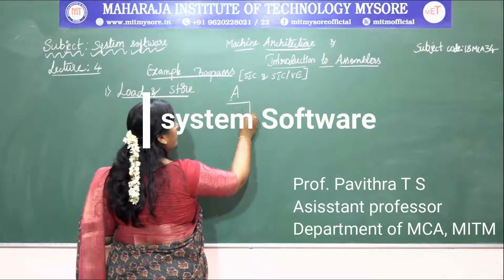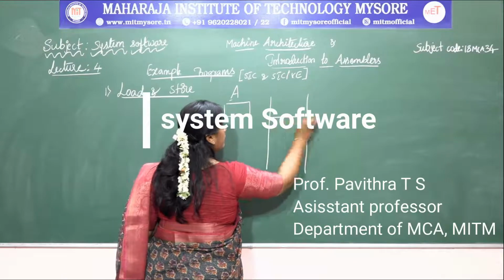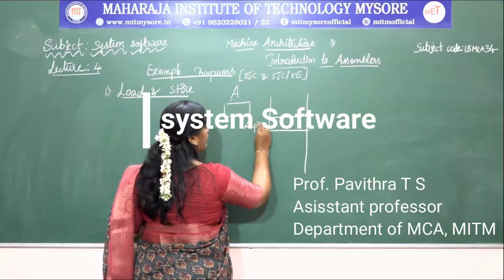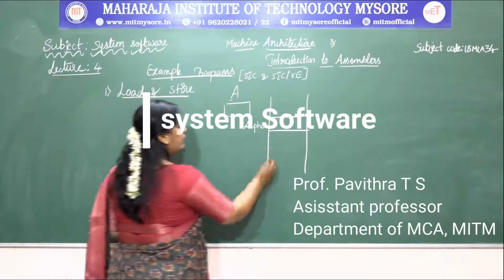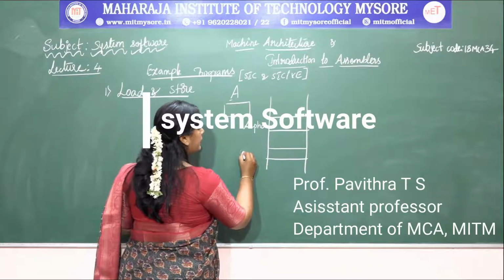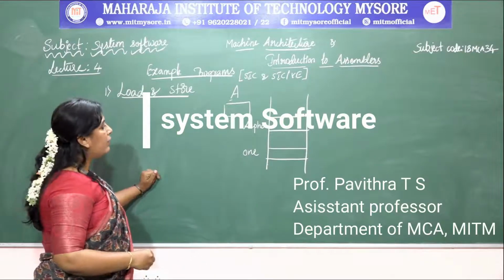For the accumulator I want to load, here is the memory structure we have, whose name is alpha, whatever it might be. Another memory variable I am taking is 1.